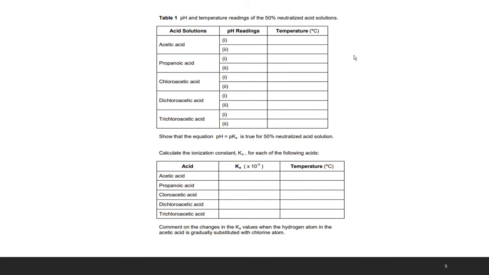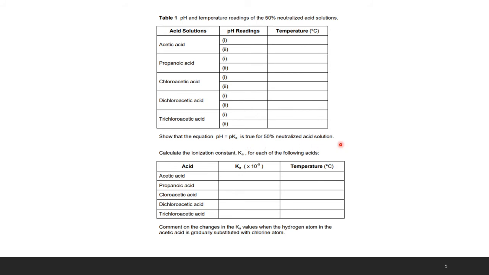As you can see in this data sheet, you have the pH readings, and you also record the temperature. The thermometer on the pH meter is not accurate, so you use a separate mercury thermometer to measure the temperature of the solution. Now, what you need to do is prove that pH equals pKa for 50% neutralized acid.